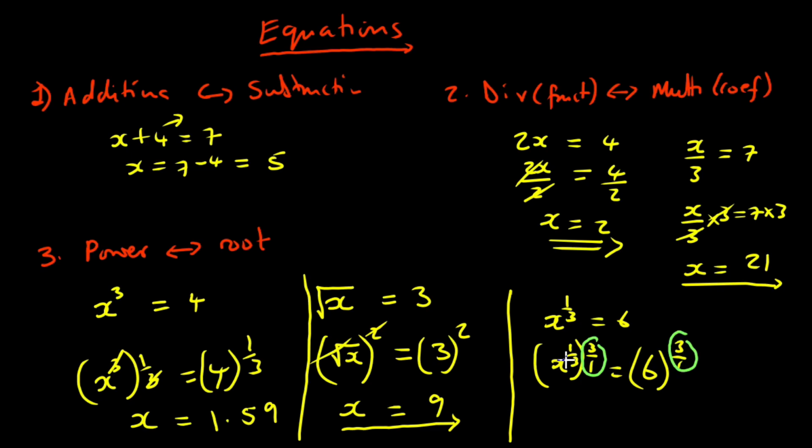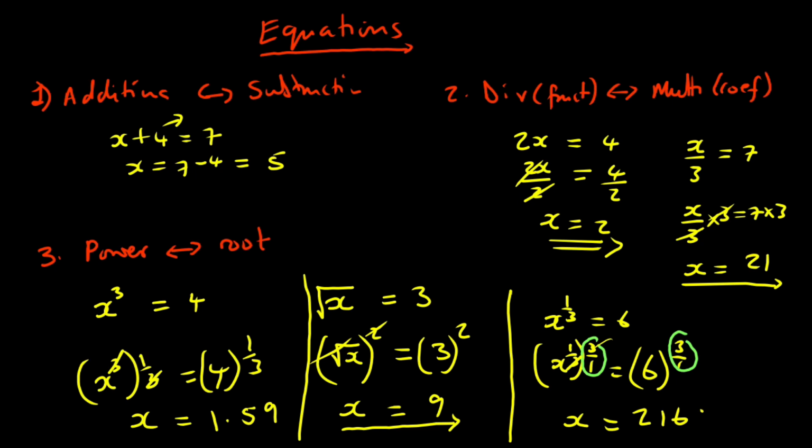As long as you do something to both sides, you are still correct. This and that will cancel out, so this side will be left with x is equals to 6 to the power 3, 216. So very important here. Whenever we are dealing with equations, we need to think that way.